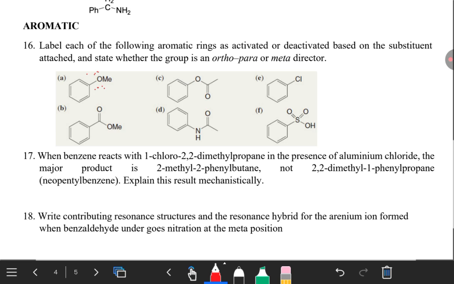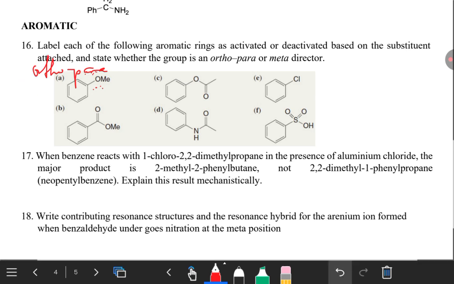Because it is activating the ring, therefore it is Ortho-Para. So for the first one, we're going to say Ortho-Para, activating.